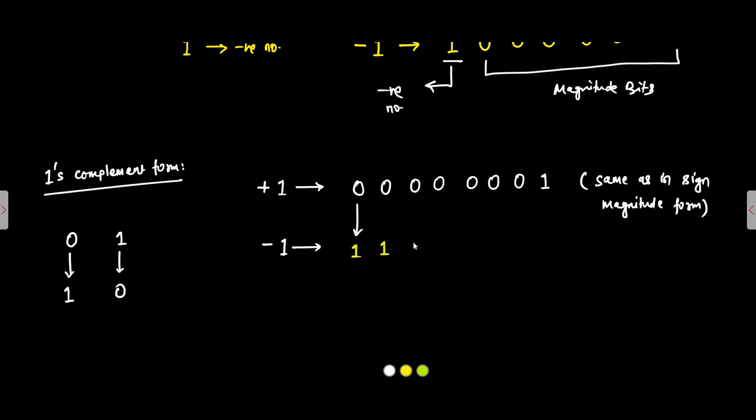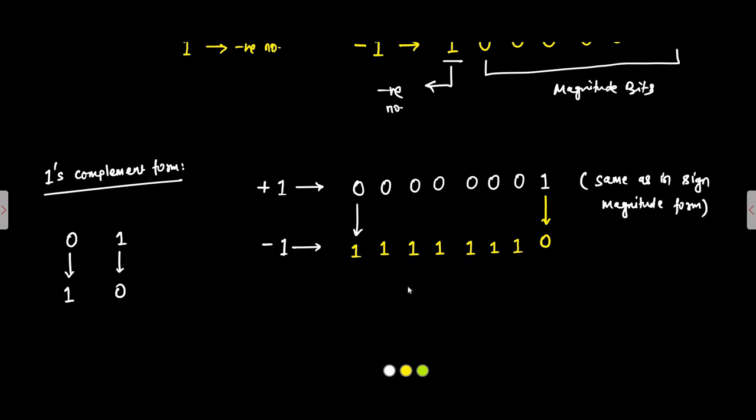1 1 1 1 1 1. At the last, the LSB is 1, so we'll change it to 0.